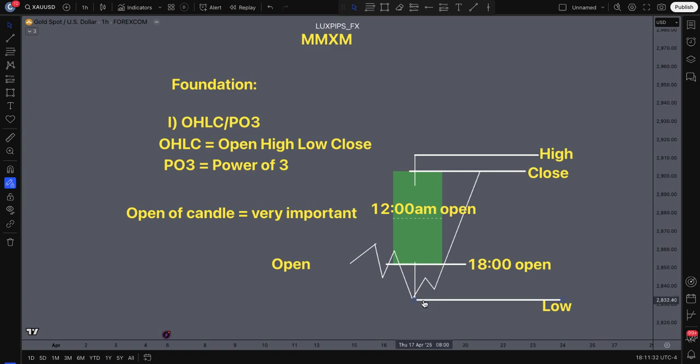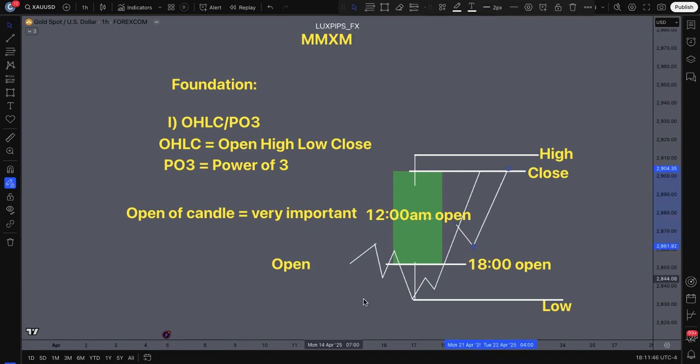So if you're buying under here, and you're expecting a bullish day, you can have a very great day, right? But if you buy under 12 a.m., you might have a later entry, somewhere in here, right? But the best is right here. And you do want to be using this 18 o'clock open for the rest of the trading day.